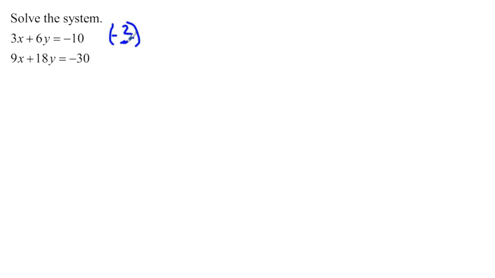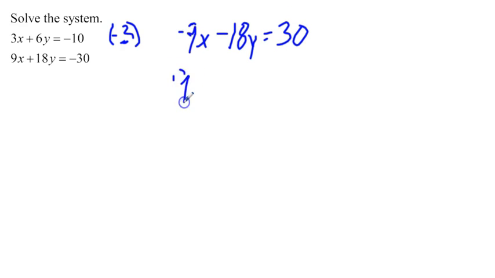Okay, so if we multiply that first equation by negative 3, we'll get negative 9x minus 18y equal to a positive 30. And then if we bring that second equation right below it, we have a positive 9x plus 18y equal to negative 30.